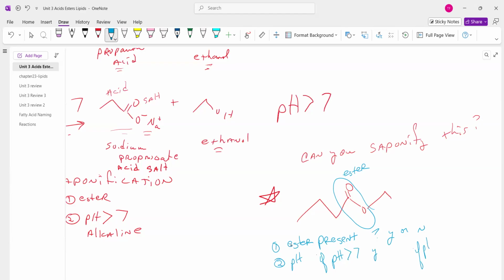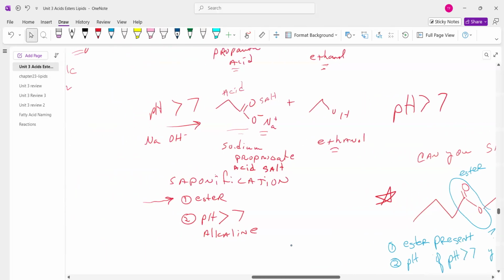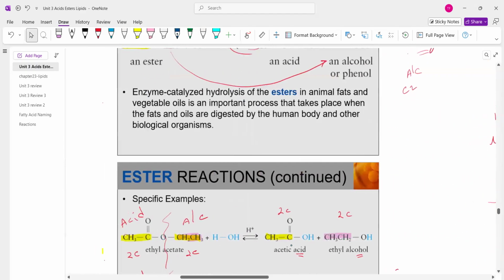If the pH is less than 7, it's a no. That's why when we make soap, we want the acid salt of the soap. That means we need to have a basic or an alkaline environment to take those esters apart on the triglyceride. I'll go into that more in detail on Wednesday.